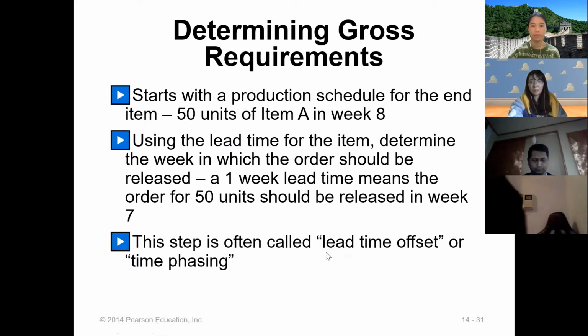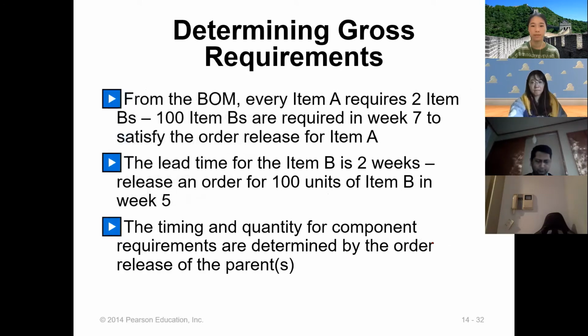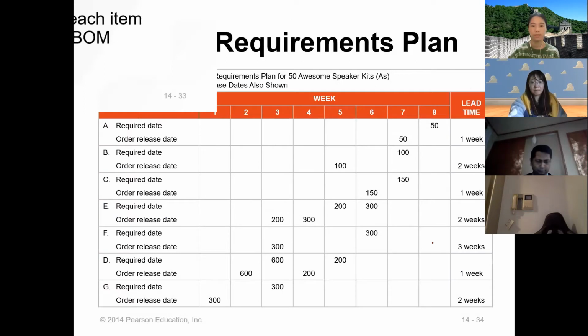Lead time offset means we are taking into account the time taken for each component to be processed or purchased. Two things only: either you buy or you make the component, or the child parts. So you work backwards, and finally you have the gross requirements plan.